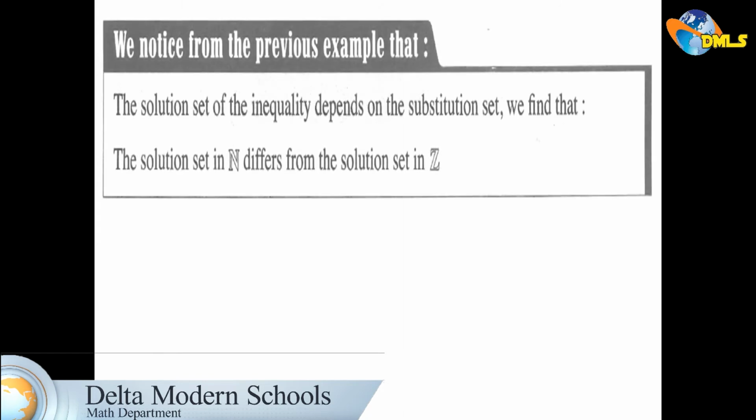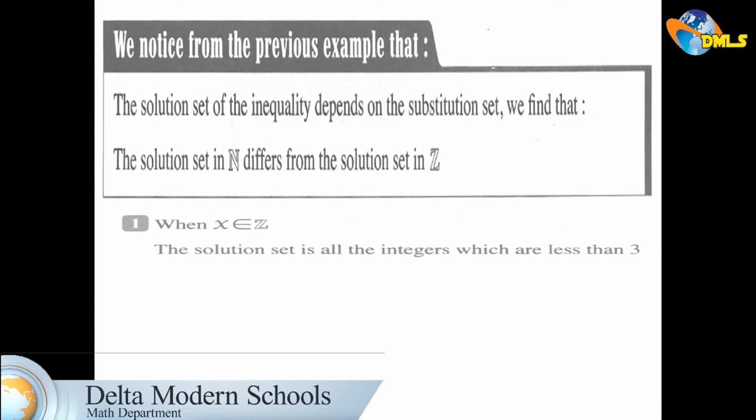So, we note from the previous example that the solution set of the inequality depends on the substituting set. We find that the solution set in N differs from the solution set in Z. For example, where x belongs to Z, the solution set is all the integers which are less than 3.